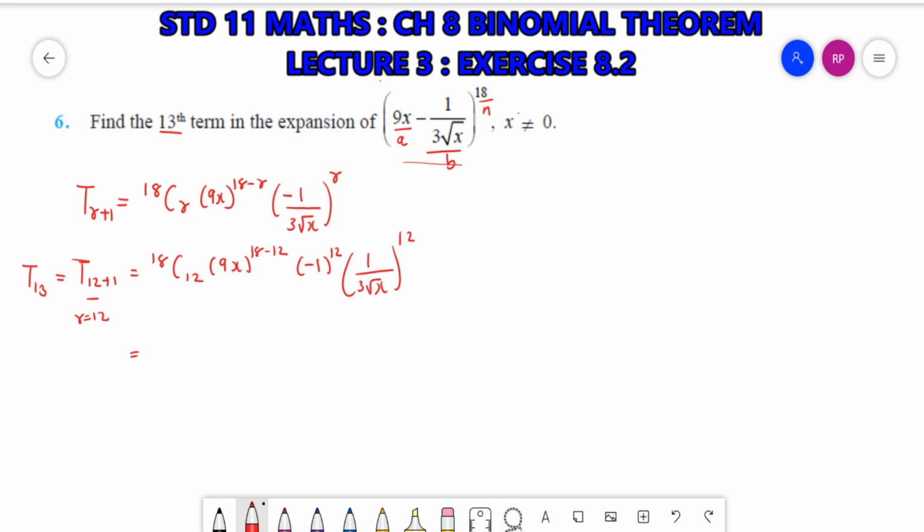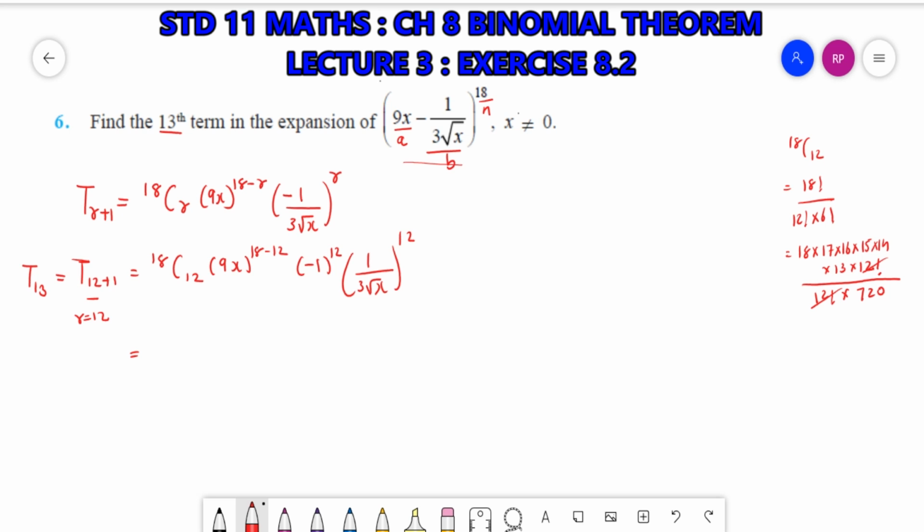Okay, so this will be 18C12. Let's calculate it here roughly. 18C12 will be 18 factorial upon 12 factorial into 18 minus 12, 6 factorial. 18 into 17 into 16 into 15 into 14 into 13 into 12 factorial upon 12 factorial, and the value of 6 factorial we know is 720.